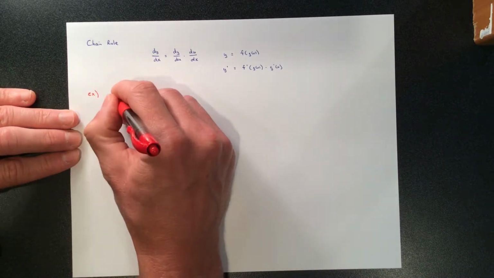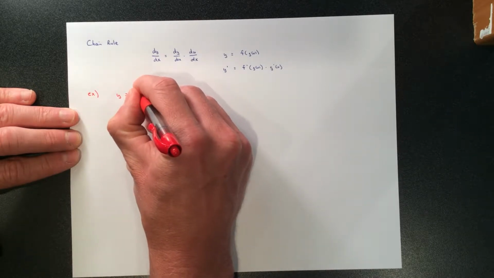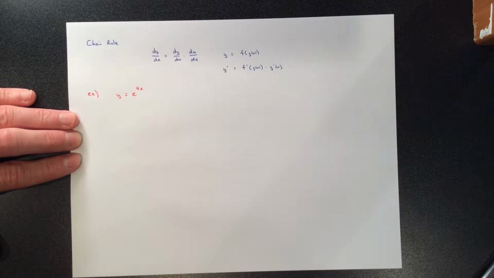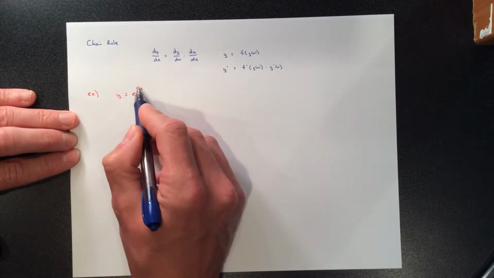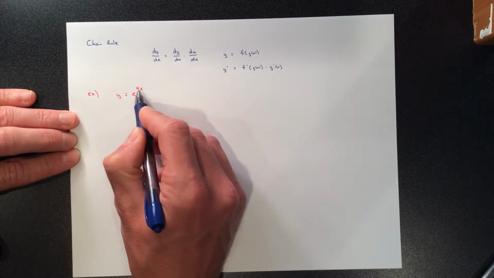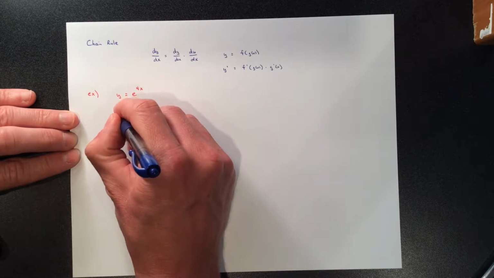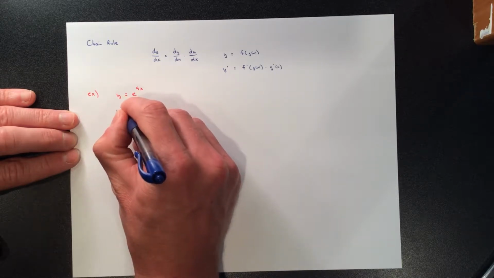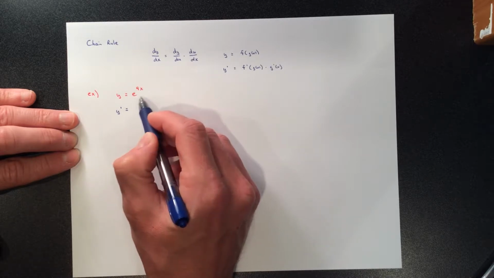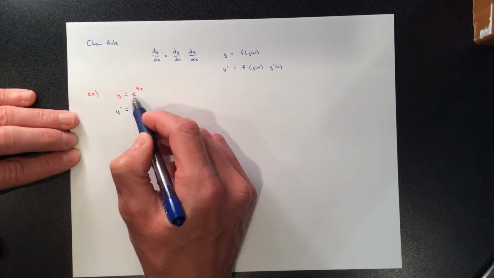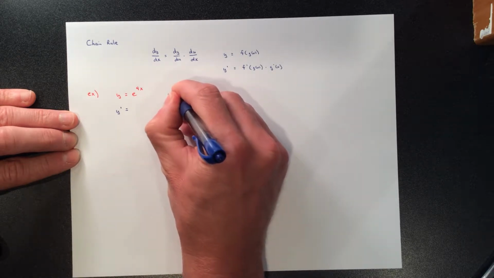Okay, so let's say the example is y equals e to the 4x. And again, don't overcomplicate this. This is an exponential function, e to the x, but then the exponent itself is its own linear function, 4x. So how do we do this? Lots of people will start talking about the outside versus the inside, but I would say the big rule here is that this is an exponential, and we know the derivative of an exponential is e to the u times u prime.